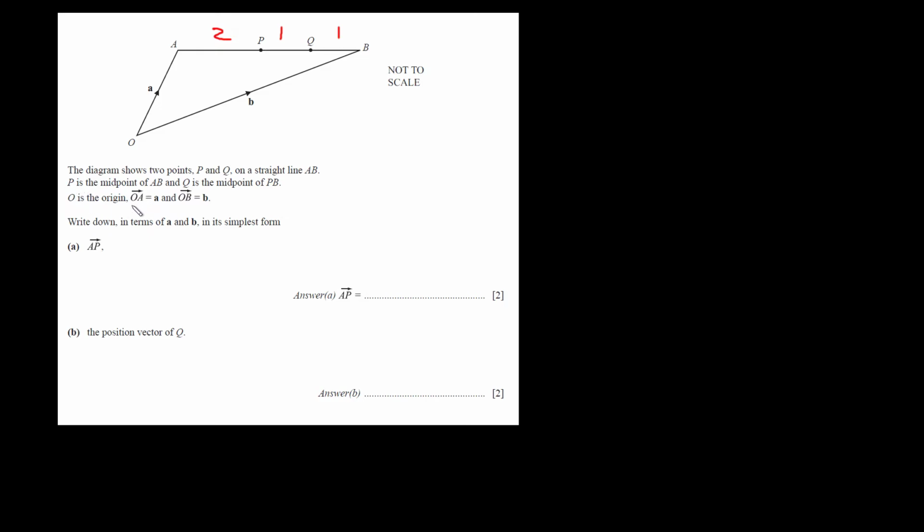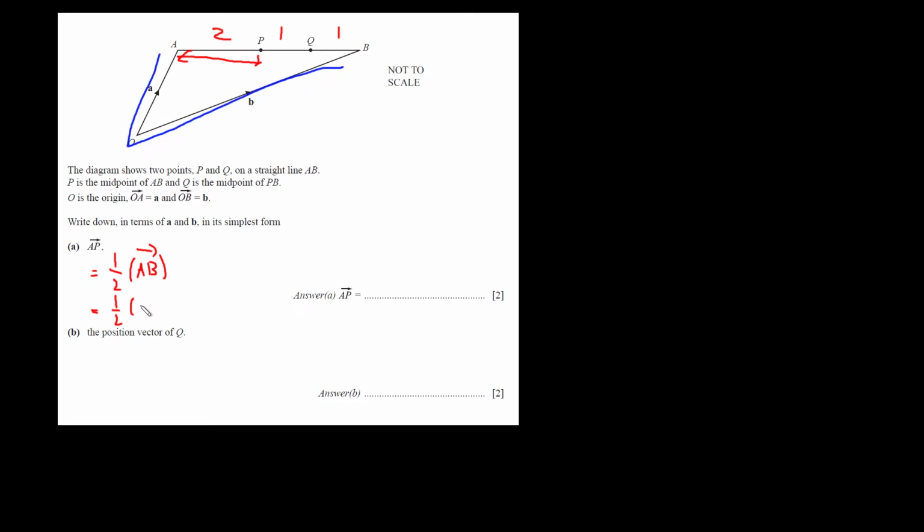O is the origin, OA is A, OB is B. Write down in terms of A and B, in its simplest form, A to P. Okay, for you to get from A to P is actually half of A to B. Right, now when you break down half of A to B, you're supposed to take this pathing here, these known vectors.